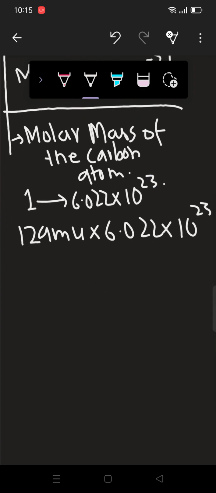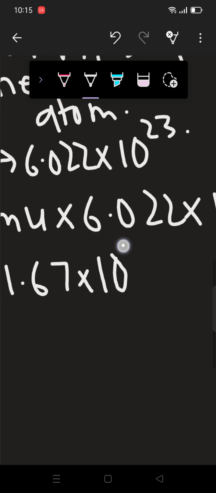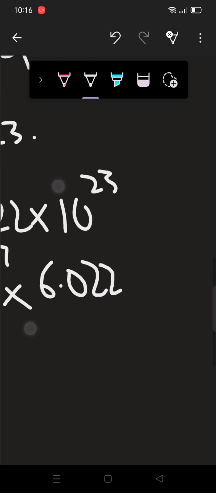I know that 1 AMU is equal to 1.67 into 10 to the power minus 27 into the number of particles, 6.022 into 10 to the power 23.